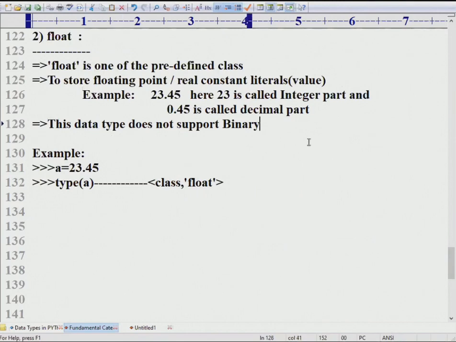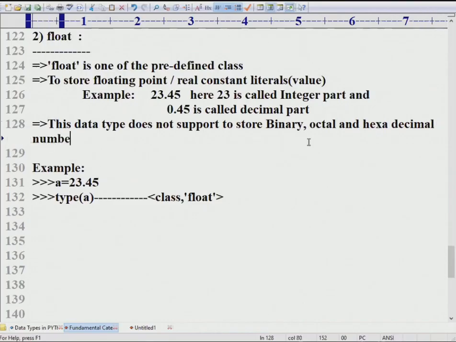This data type does not support storing binary, octal, and hexadecimal number system data. It supports only default number system data. What is the default number system data? Decimal number system data. Only it supports.